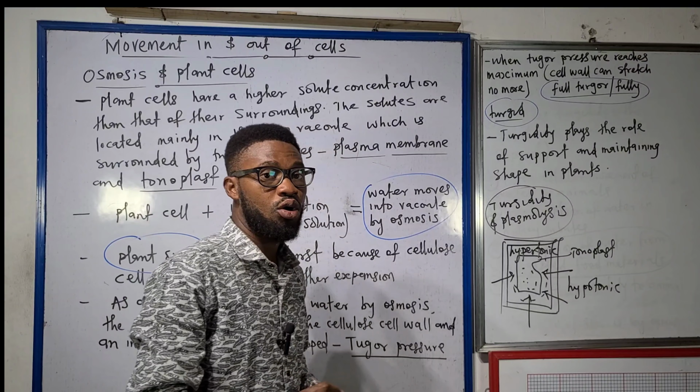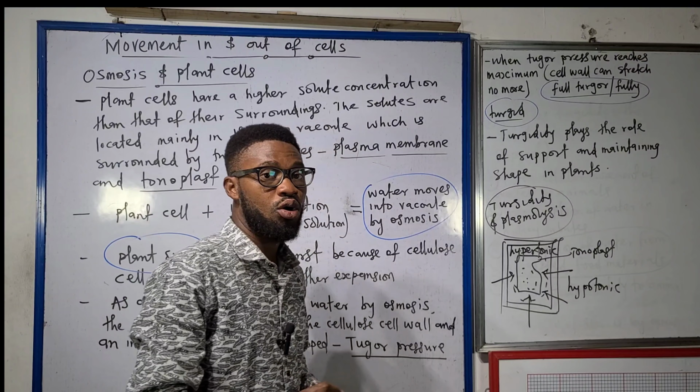So water is going to move in by osmosis, and that's what I mean by saying plant cells have a higher solute concentration than that of their surroundings. The solutes are located mainly in the sap vacuole, which is surrounded by two membranes: the plasma membrane on the outside, and then the tonoplast, which surrounds the vacuole.